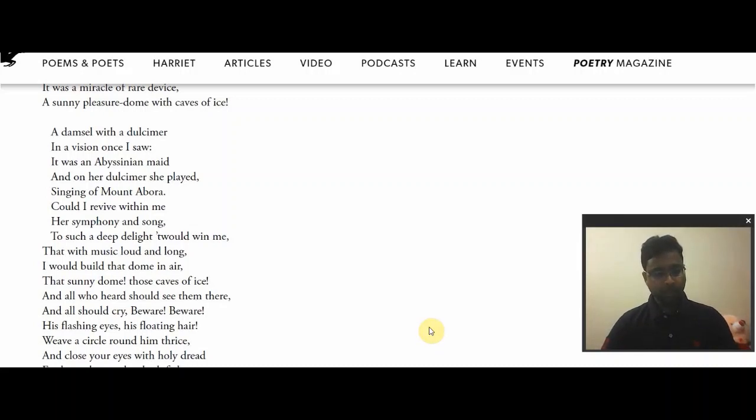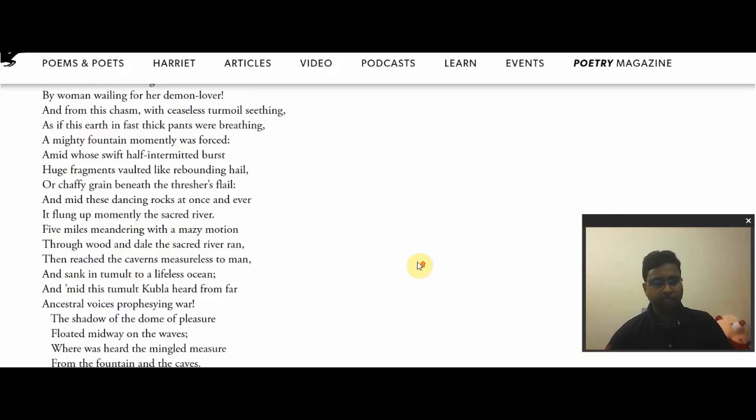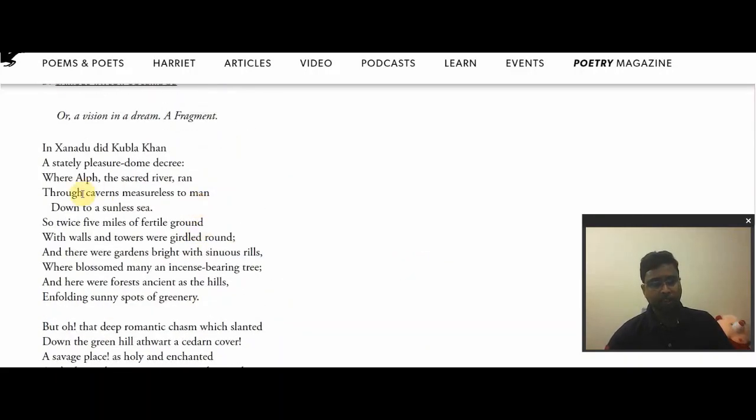Now, in Milton's text, which I was quoting, nor were Abyssinian kings their issue guard, Mount Amara, though this by some supposed to be paradise. So this beautiful image, metaphor of Mount Amara or Abora takes us back to almost the image of paradise, which again takes us back to the first section of this text, that is this garden.